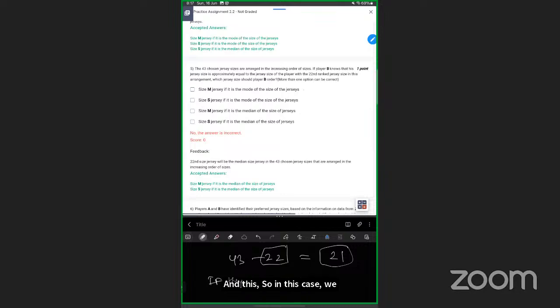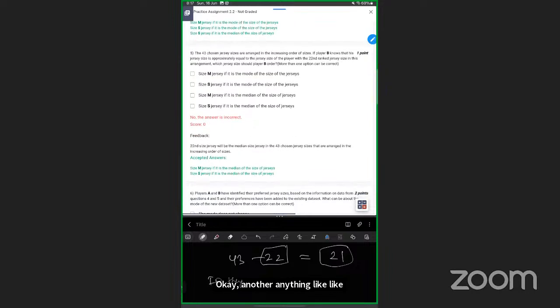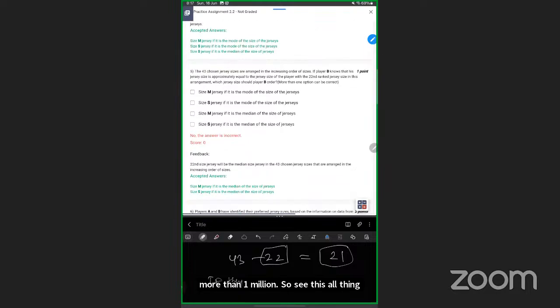Okay, let's see. M jersey if it's mode of the size. Another option could also become mode and median. This also can become mode and median. So this all can fail if the assumption is that at least one jersey of each type has been ordered.